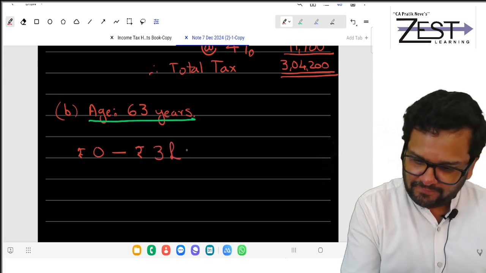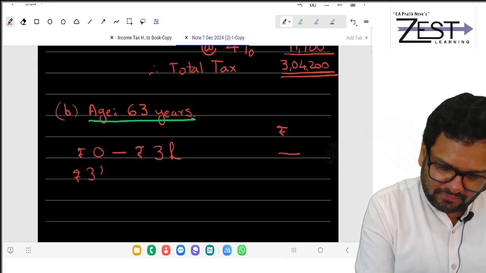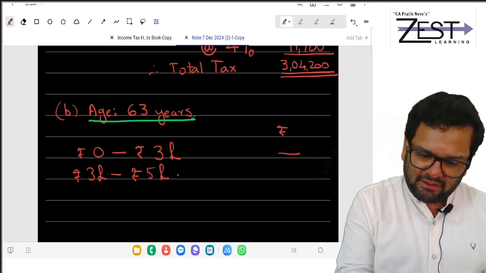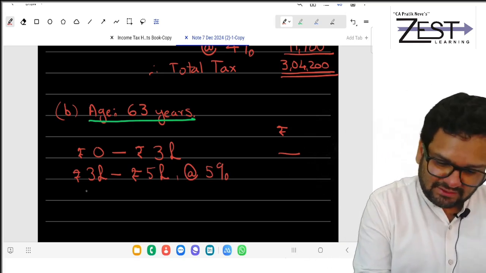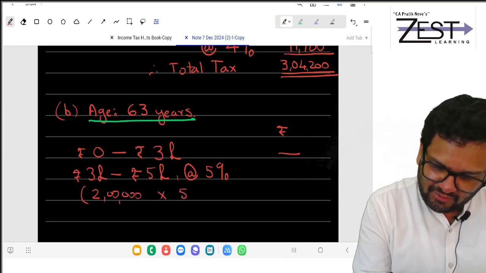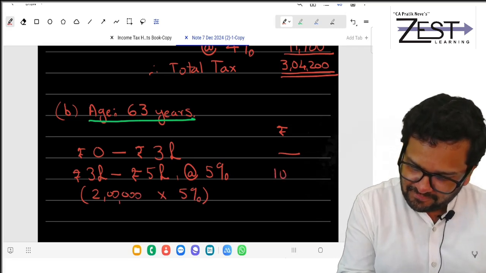Do it carefully. 3 lakh to 5 lakh. In 3 lakh to 5 lakh, how much will fall? 2 lakhs. So on 2 lakhs at 5%, 10,000.